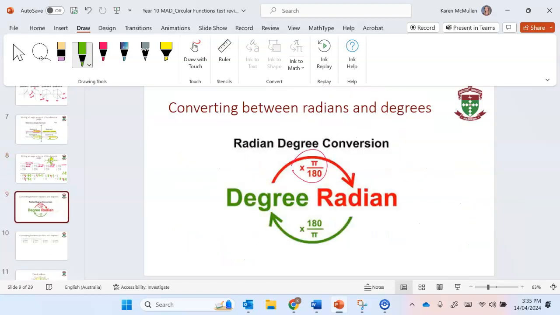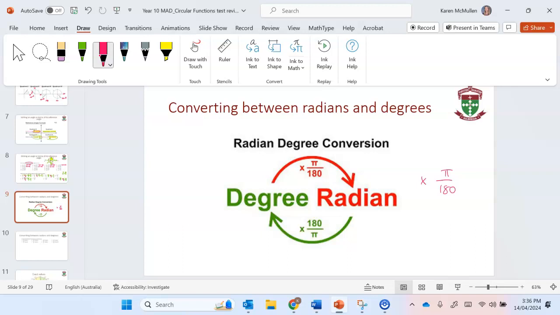So converting degrees to radians, just using this formula, it's always going to be pi on 180, or the reciprocal of that. It just depends whether it's going to be the reciprocal or not. If you choose the wrong one, you're going to end up with pi squared.